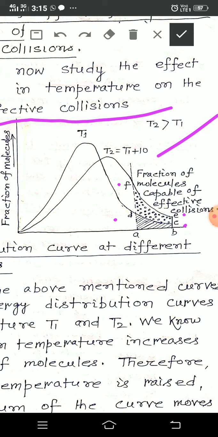So these are the two plots at temperatures T1 and T2, which simply show that the fraction of molecules increases when temperature is raised.